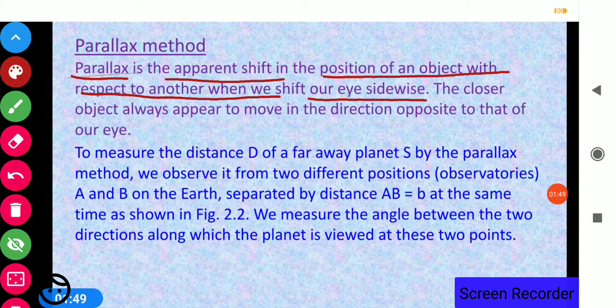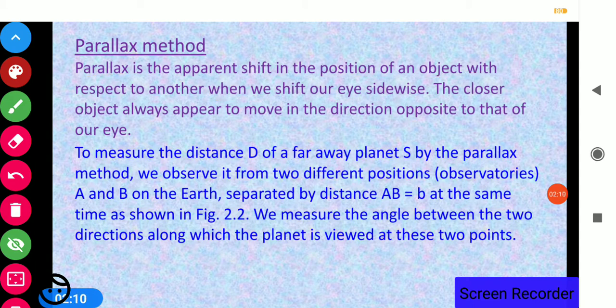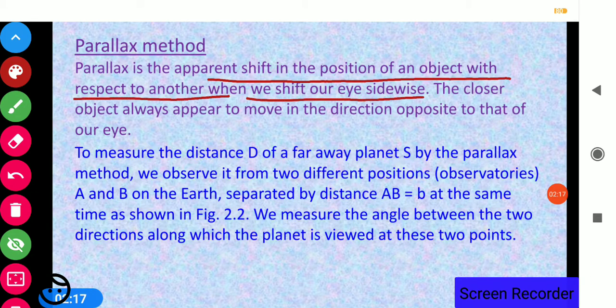What do you observe? You will see the difference in the position of the finger when you look at it by closing your right eye and when you look at it by closing your left eye. In each case, the position of the finger is changed. So this is the apparent shift in the position of an object with respect to another when we shift our eyes sidewise.